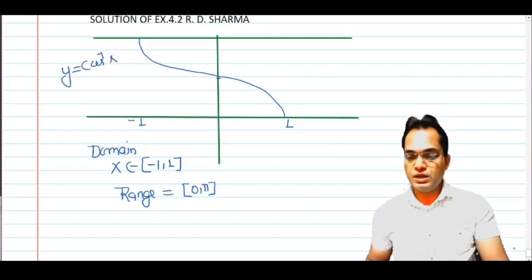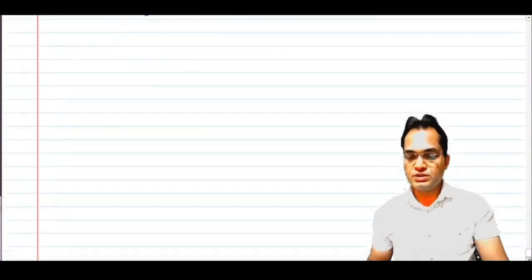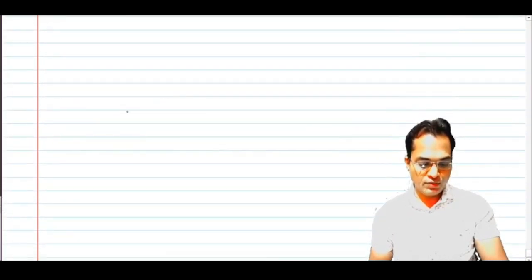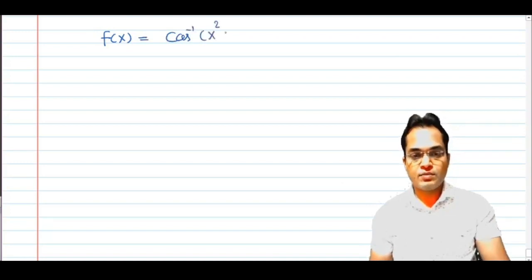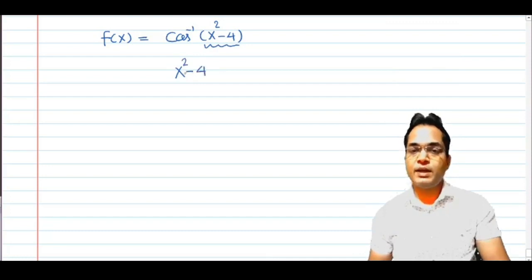Now exercise 4.2, the first question is this. You have to find the domain of the given function, f(x) is equal to cos inverse of (x square minus 4). As we know, the value of this lies between, tell me, -1 to 1.